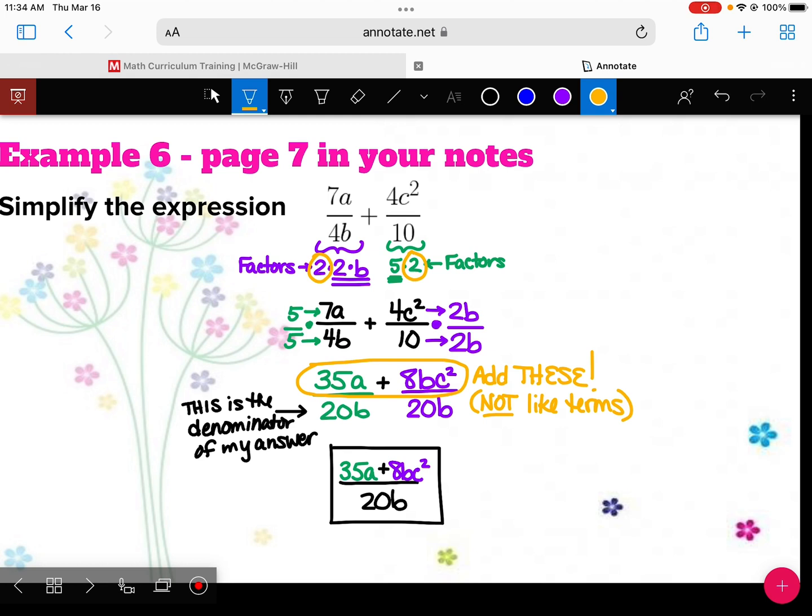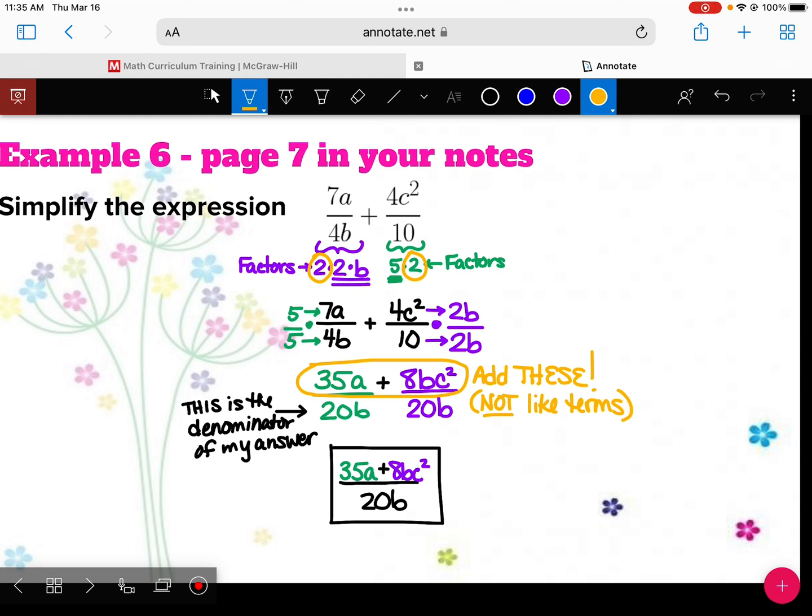If you had 10a plus 20ab, I can't put them together at all. If it was 10a plus 20a, then I could combine them together into 30a. Only if they have the exact same letters with the exact same exponents on them. Then they're like terms and I can combine them.